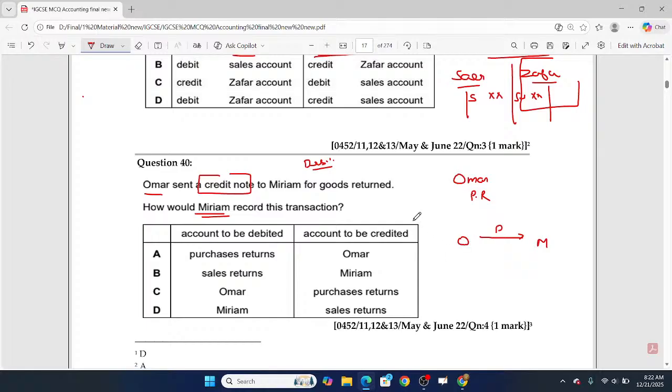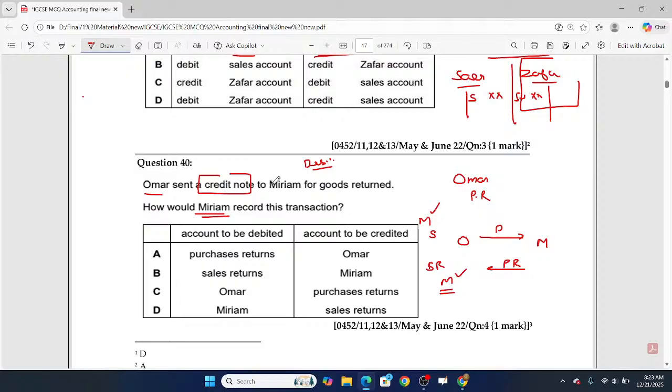For Omar, it's sales. Later on, why would Omar want to credit Mariam? It may be due to purchase return. So for Omar, it is a sales return and Mariam is credited. Only because of this reason, Omar is crediting Mariam.